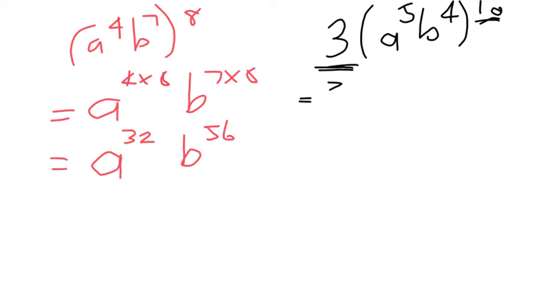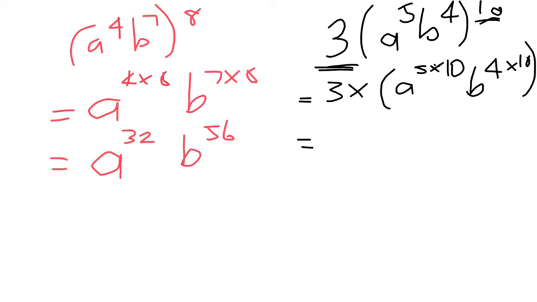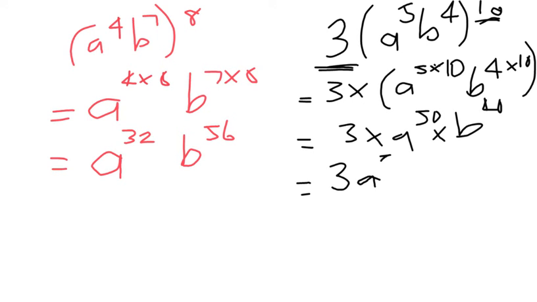So it's actually left outside of what we're working out, which is a to the power of 5 times our 10 and b to the power of 4 times our 10, which equals 3 times a to the power of 50 and b to the power of 40. We can simplify this as 3a to the power of 50, b to the power of 40.